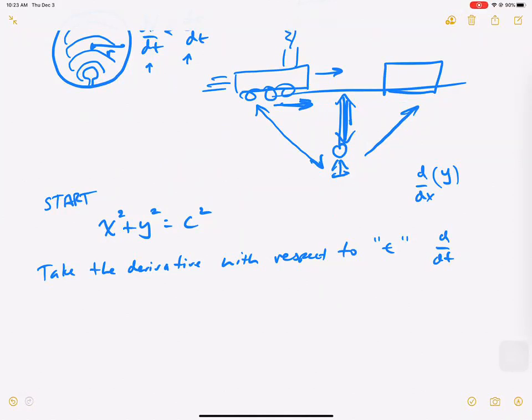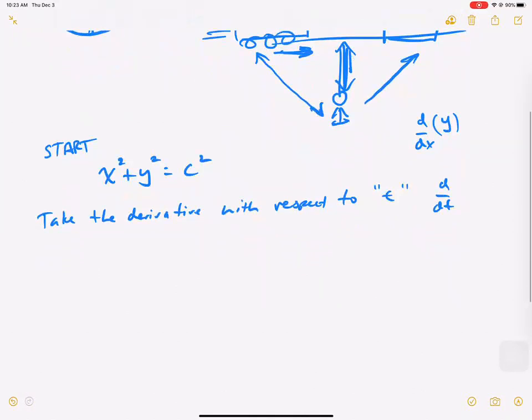You tell me if this is something new or something we've done before, because I would say it's something we've done before, except I just changed the letter. So here we go. We're going to take the derivative with respect to t on both sides here: x squared plus y squared equals c squared. If I do something to one side, I'm going to do it to both sides. Obvious, yeah?